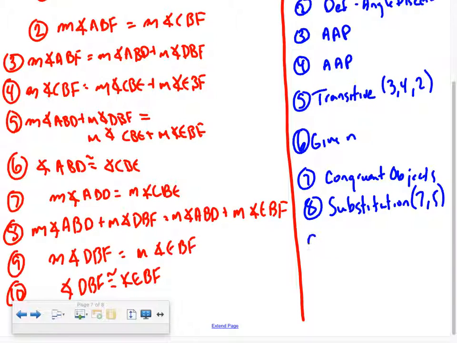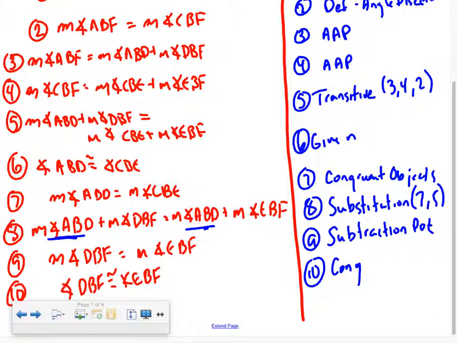So 9, we then have the same angle on both sides, so we're going to subtract them. And then 10 is congruent objects. All right, and that's all the examples I'll be covering today.